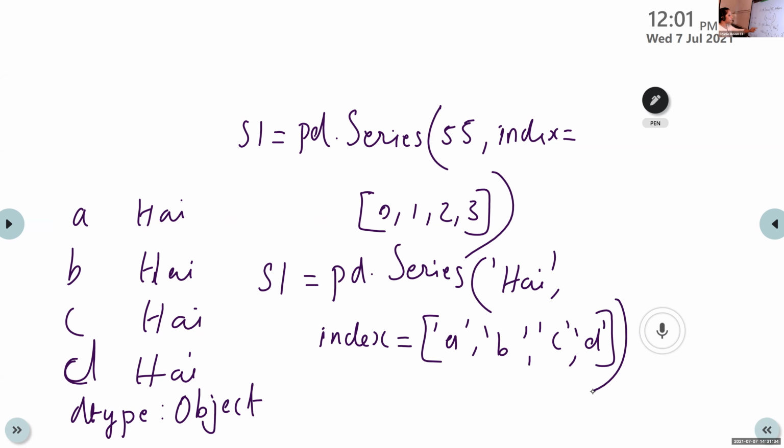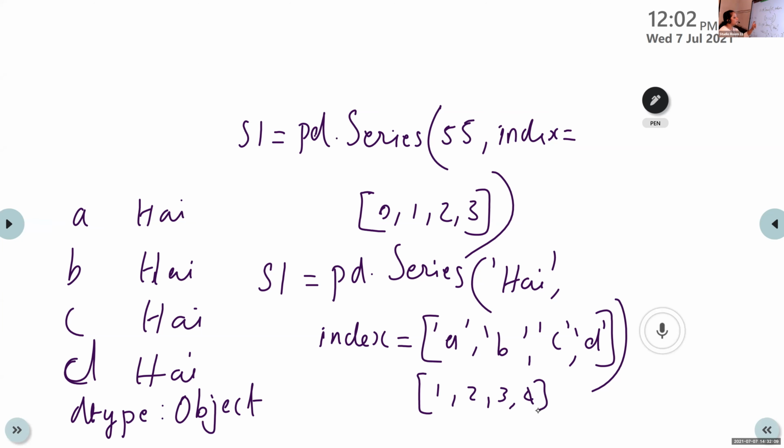That is, I want to display hi 4 times. We have 4 index values A, B, C, D, but only one string value. So I write the string value here instead of the constant value 55, and the index values A, B, C, D within single quotes. If the index values are 1, 2, 3, 4, there is no need of single quotes, just write 1, 2, 3, 4.